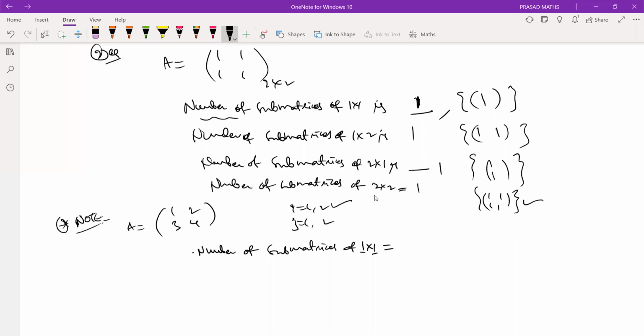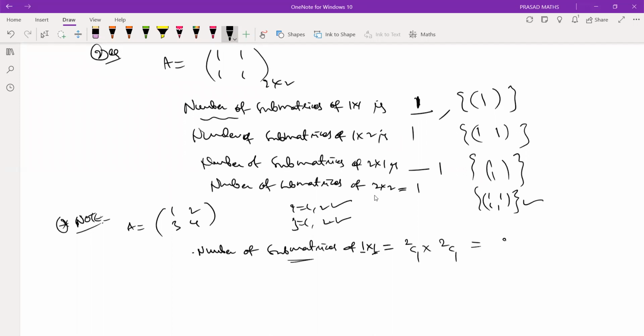Total number of rows is 2 and columns is 2, so I need to pick one row from two and one column from two.